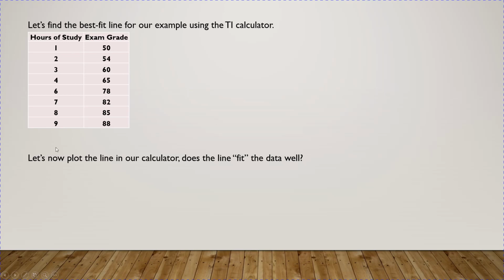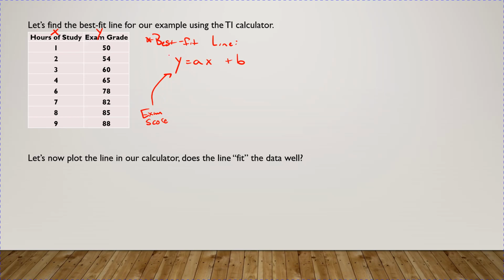So again, we have this hours of study and exam score. And so the best fit line is this equation that we call y is equal to ax plus b. And just so we're clear, from our example, x is our hours of study and the exam score is my y variable.